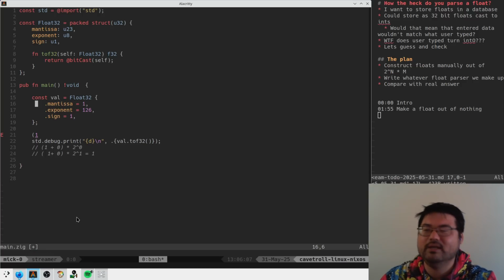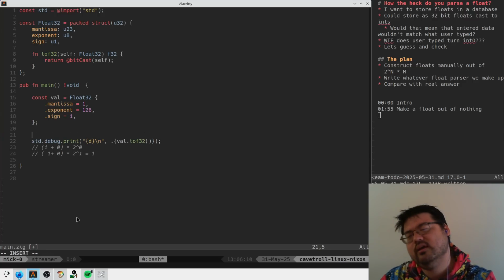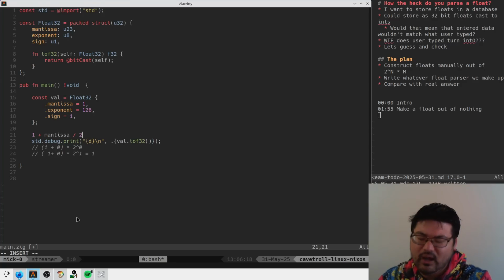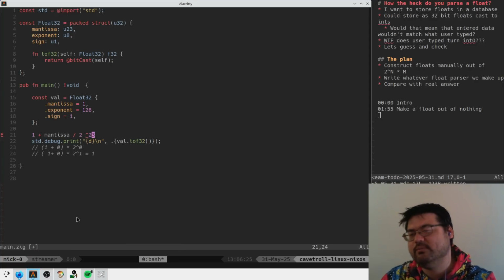I think the mantissa is 1 plus mantissa divided by 2 to the 23, because that's how many bits are in this thing.